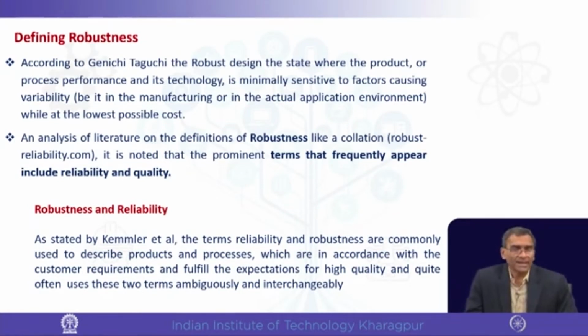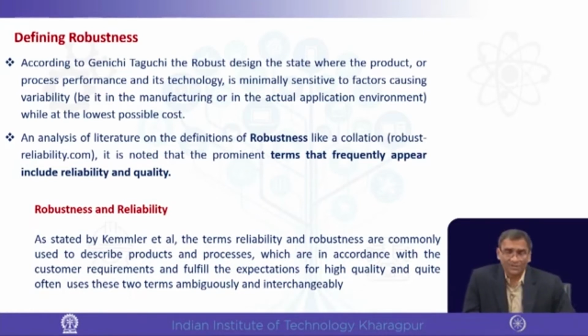So, here is an analysis of literature on the definition of robustness, like a collation, that robustreliability.com noted that the prominent terms that frequently appear include reliability and quality, which is very normal, and we will deal exactly like this.